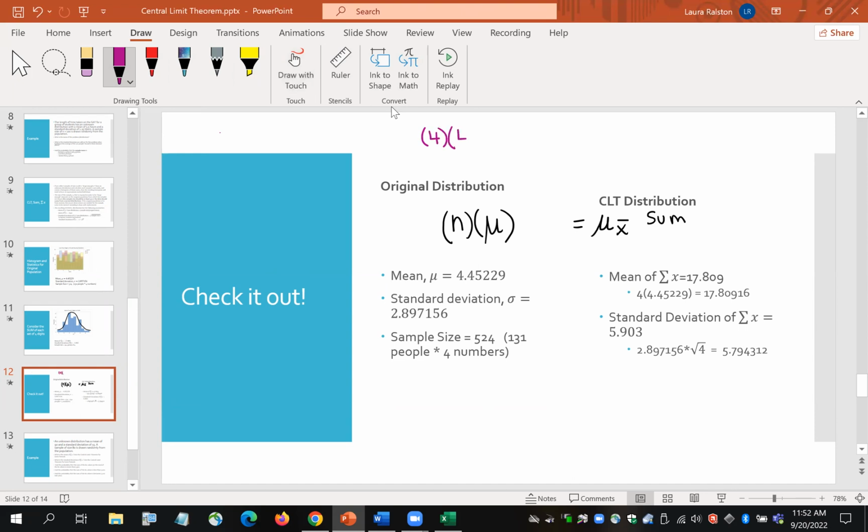The original mean was 4.45229. If I multiply those two together, 4 times 4.45229 equals 17.80916, which is exactly what we had.